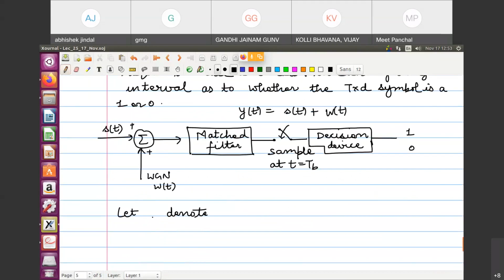concept and then we will go deeper. Let y denote the sample value obtained at the end of a signaling interval.